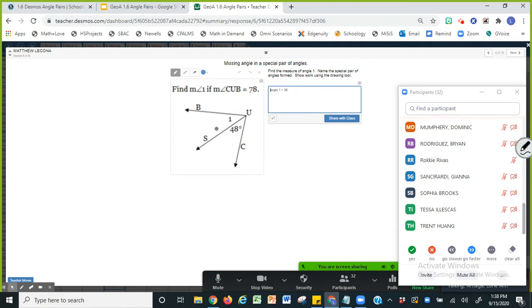Okay. So measure of angle CUB, meaning the whole thing, Andrew, right? This is CUB, is 78. So that means the biggest angle is 78, but a little portion is 48. So what would you do? Did you subtract? Yeah. Okay. I'm just confused on what it asked me. But you put 38, honey.